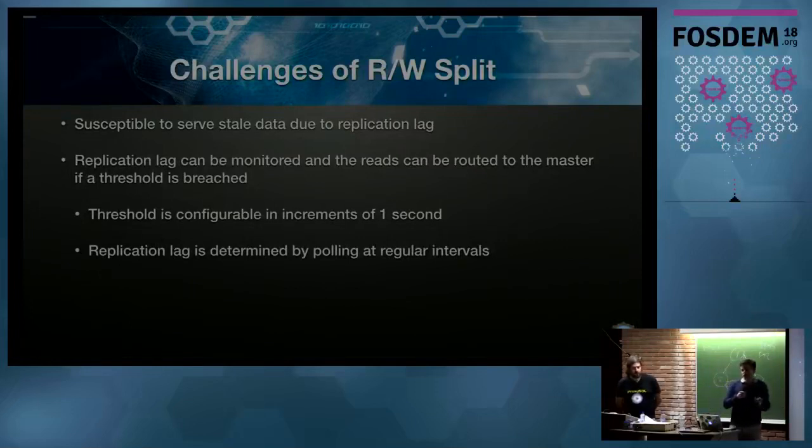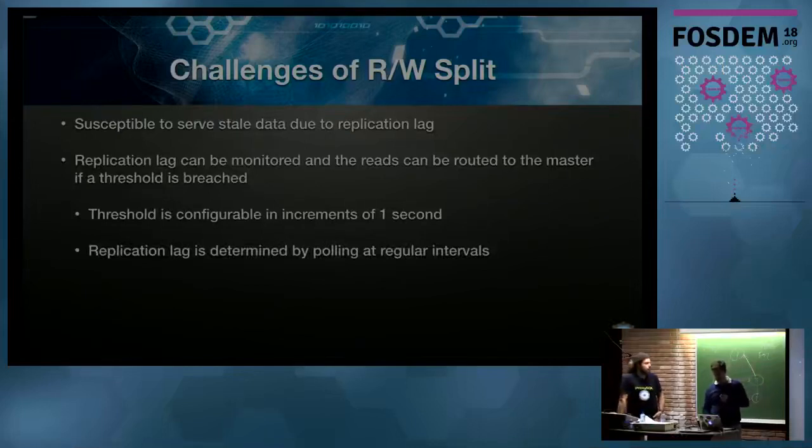So we overcome that issue, but there's still a possibility that our data will be 1 second stale. In addition to that, this monitoring happens from ProxySQL, and it's basically polling the slaves at a configurable interval which has a minimum of 1 second. So up to 2 seconds of delayed data.